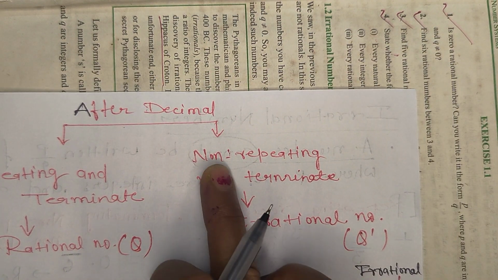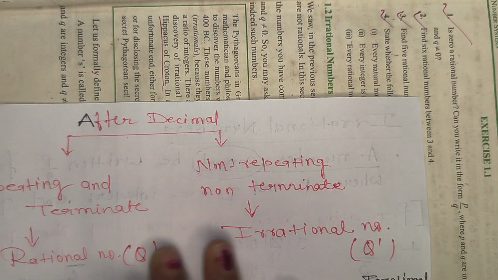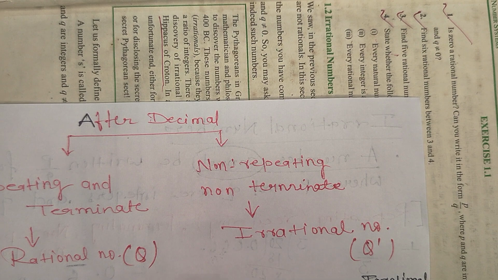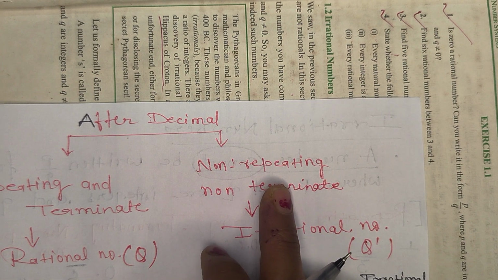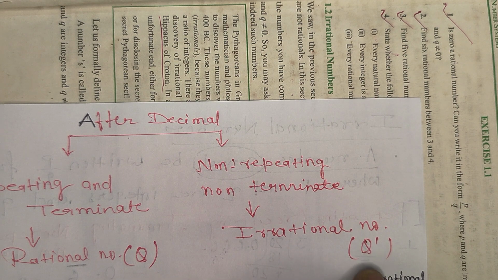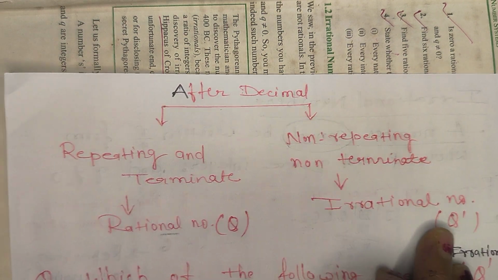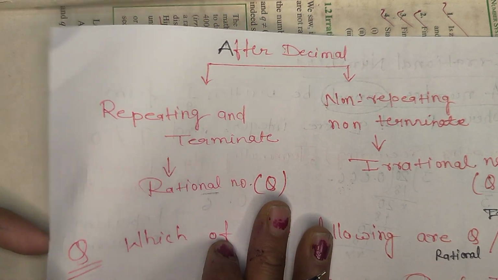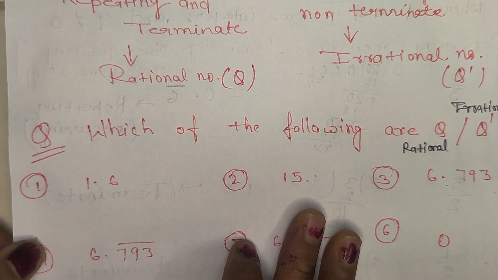If a number is not repeating and not terminating, like 0.777 and it does not terminate, it does not divide completely, you can say it is an irrational number. It is represented by Q dash, and rational is represented by capital Q.